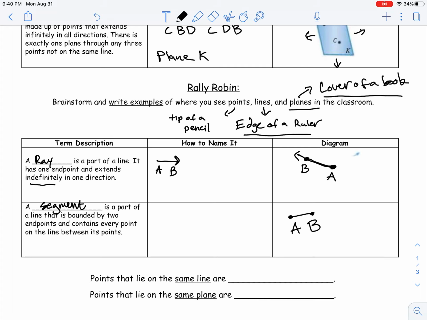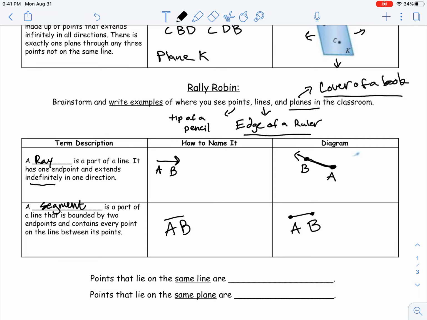It stops there. So this is called a segment, and I would name it like that. Notice I don't have arrows on top of my letters. It shows that it's a segment and not a line.